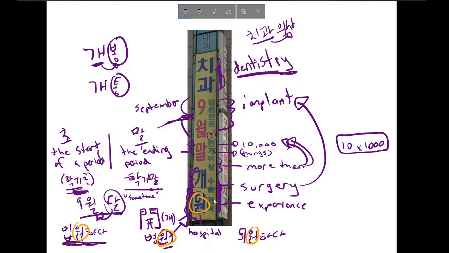In that case, you would use 경력. And this is another case where you can use it, because more than 10,000 implant surgeries that this person has done is a form of work experience. So it's not just any experience that you have, but specifically work experience. Well, that was fun. I hope you learned a lot.